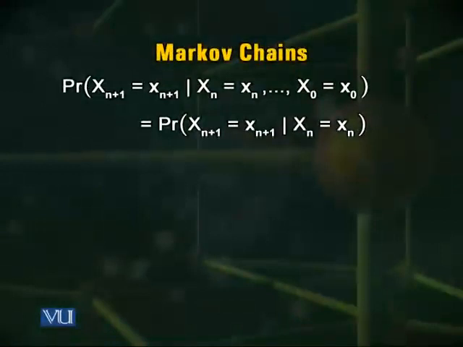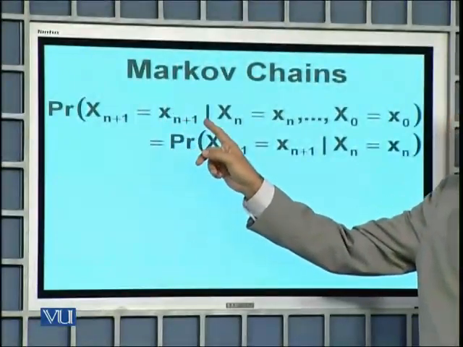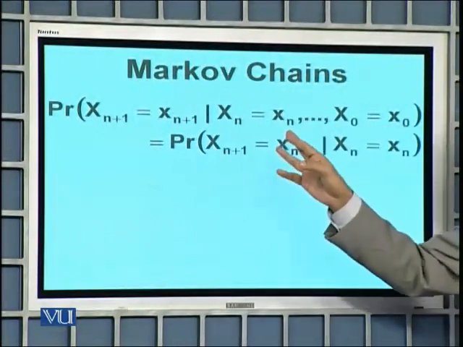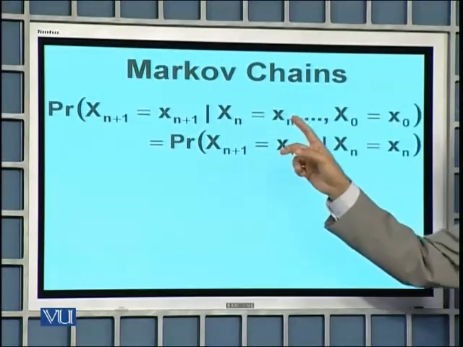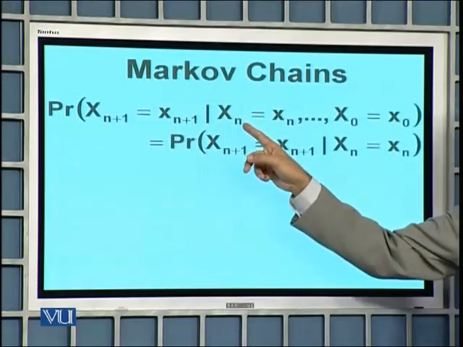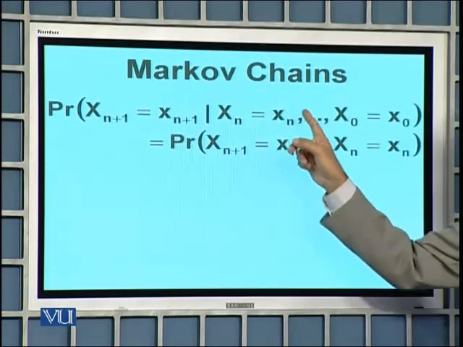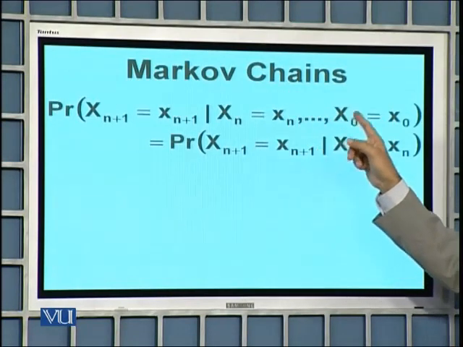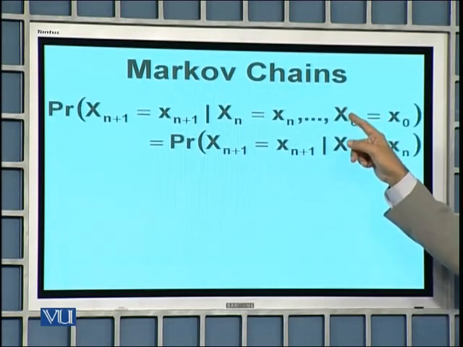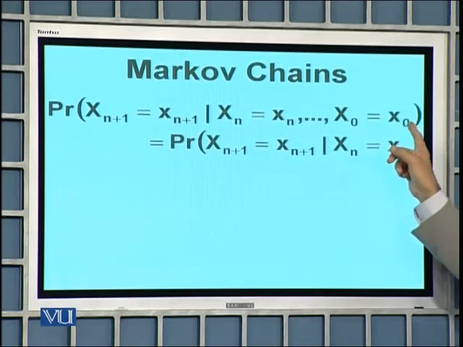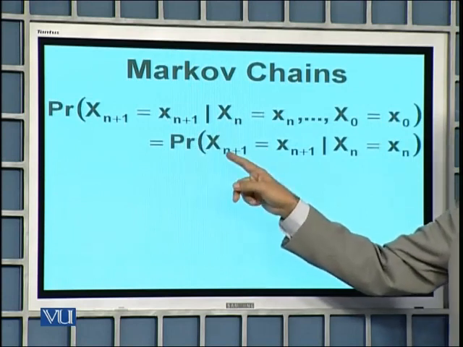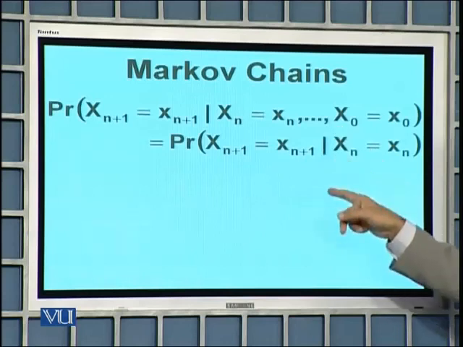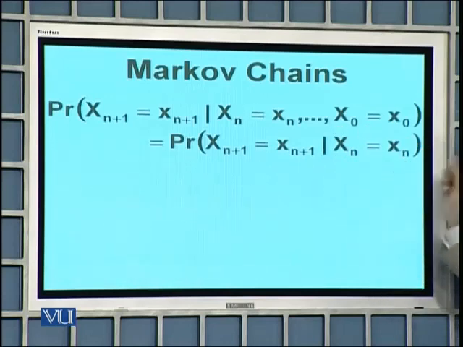The formula is being shown on your screen, and it says that the probability of capital X of n plus 1 being equal to small x of n plus 1, given that the other random variables in the collection, X n, X n minus 1 and so on, have the values shown here, that is X n being equal to small x n, capital X n minus 1 being equal to small x n minus 1, and so on, and the last random variable in the collection, capital X0, being equal to small x0, is equal to the probability of capital X of n plus 1 being equal to small x of n plus 1, given that capital X n is equal to small x n.